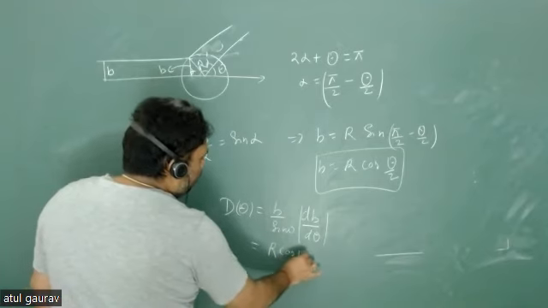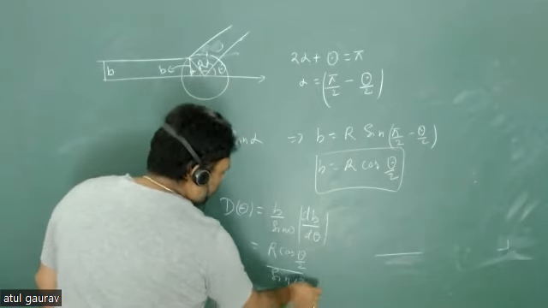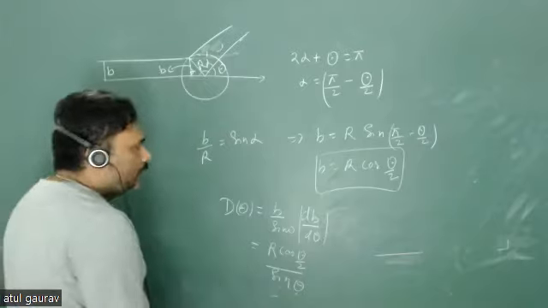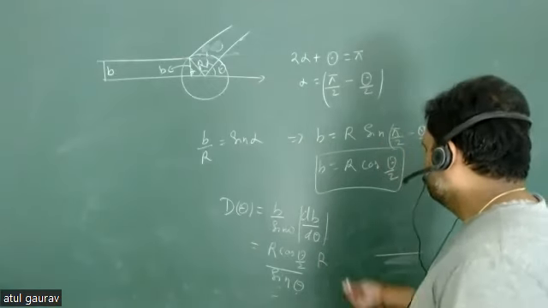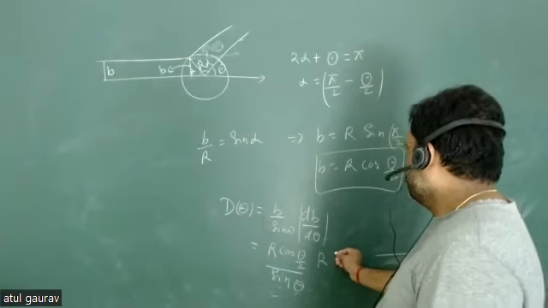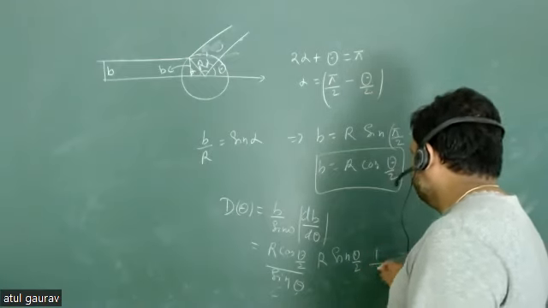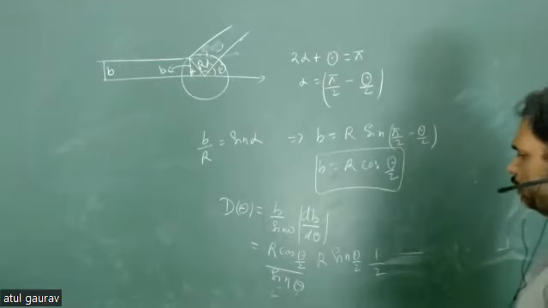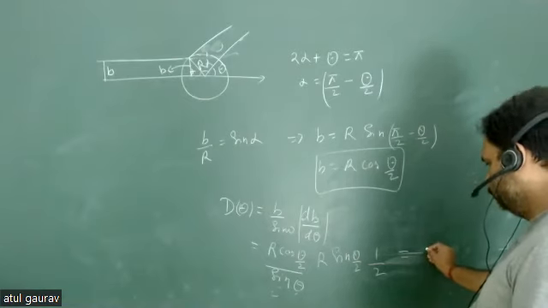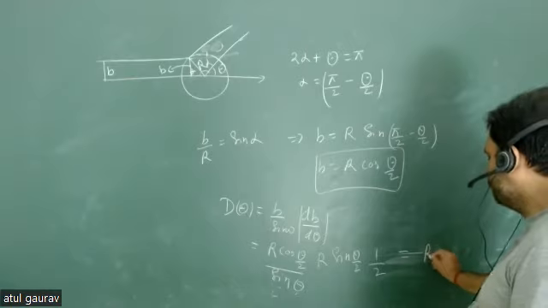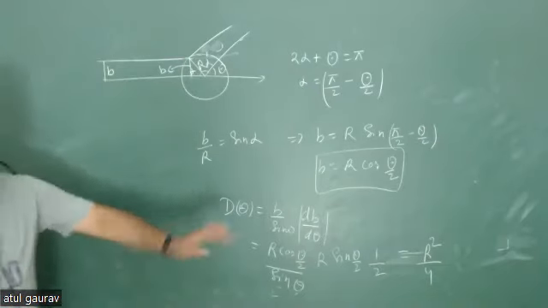R cos theta by 2, divided by sin theta. Differentiate this. You have to take the mod value, always remember this. Differentiating gives R sin theta by 2 into 1/2. Multiply by 2 and divide by 2, then this value is R squared by 4. So this is your differential scattering cross section: R squared by 4.